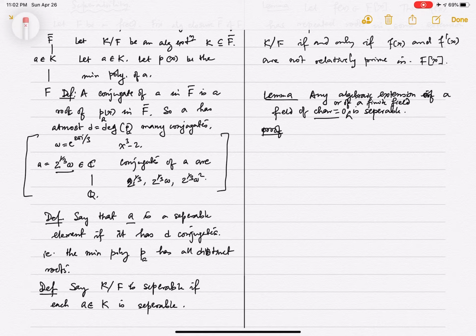So this one actually almost has been proved. So you take F of characteristic 0 and you take an algebraic extension K and you take an element A in K. Let P(x) be the minimal polynomial.